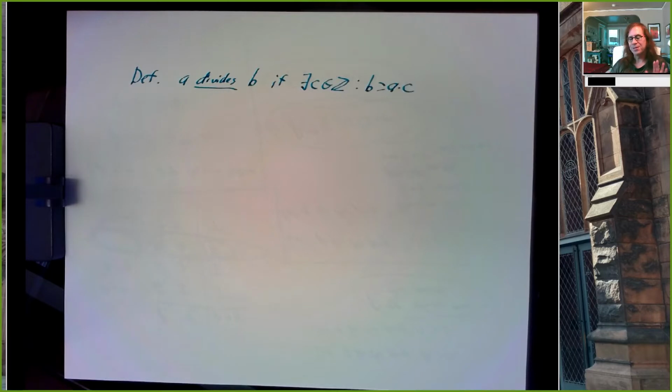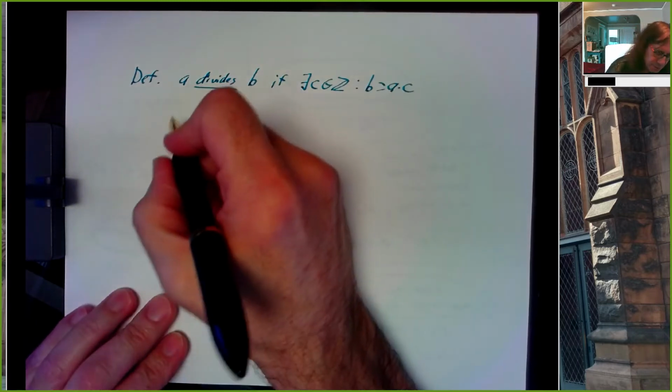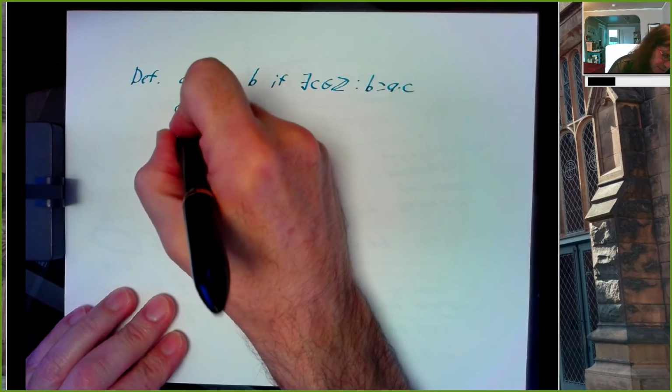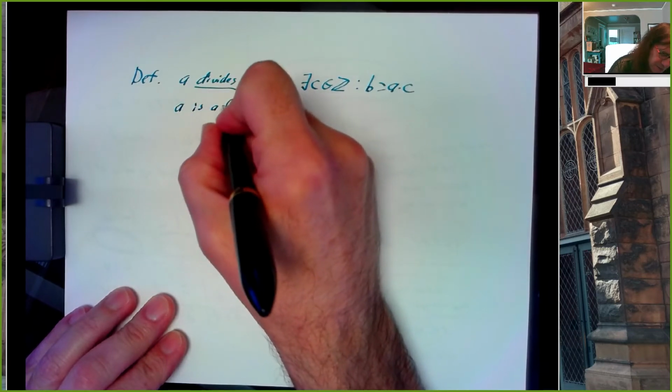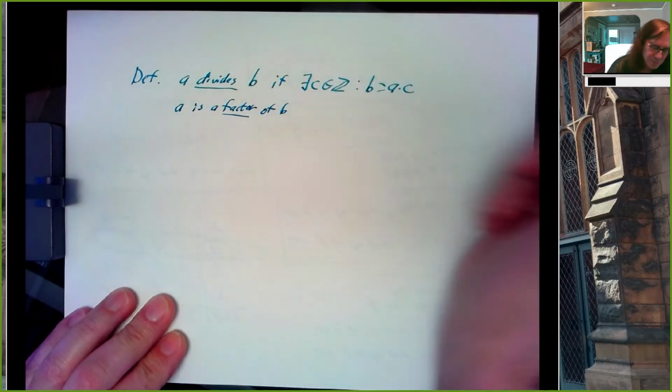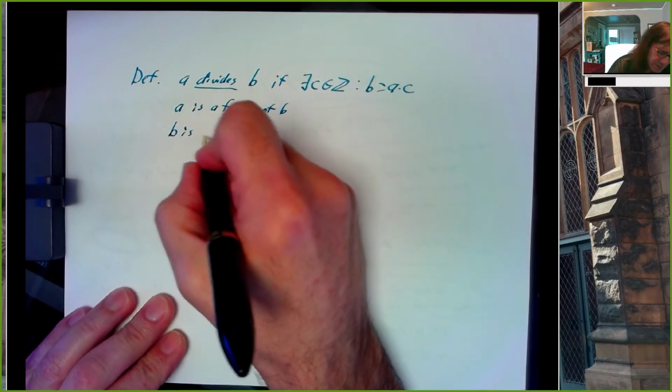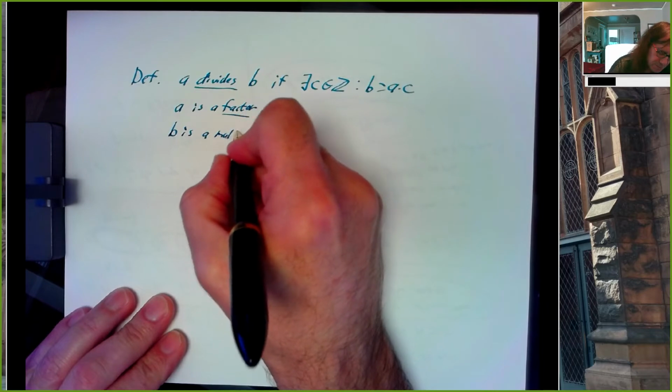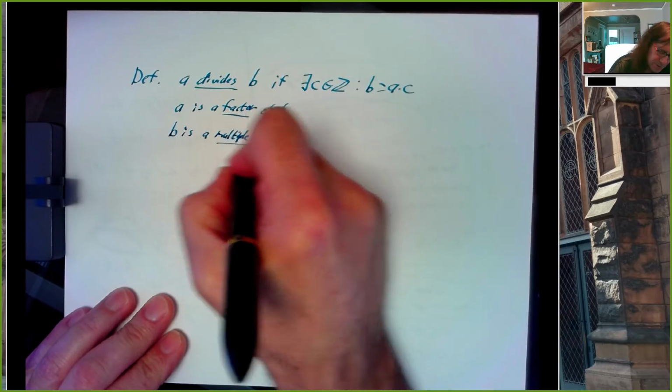Okay, that's our fundamental definition. A divides B if B can be written as A times some integer. In this case, we also say A is a factor of B. We can say B is a multiple of A.